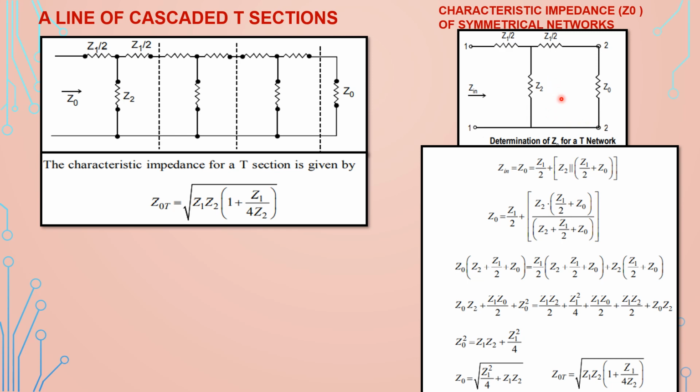From this consideration, we are going to derive the characteristic impedance from this single symmetrical T section. So Zn, the input impedance of the infinite line, is also equal to Z0. Why? Because it's an infinite line, so the input impedance is equal to the characteristic impedance.